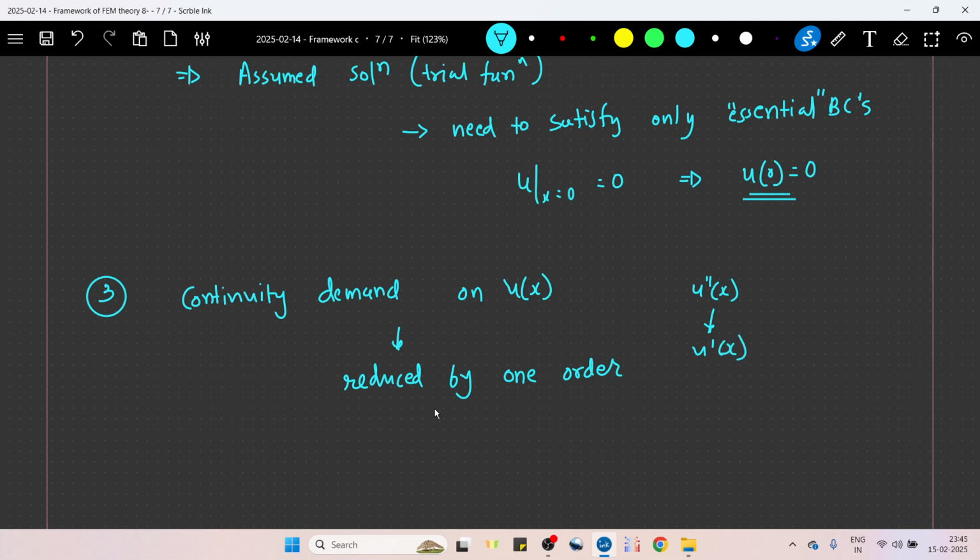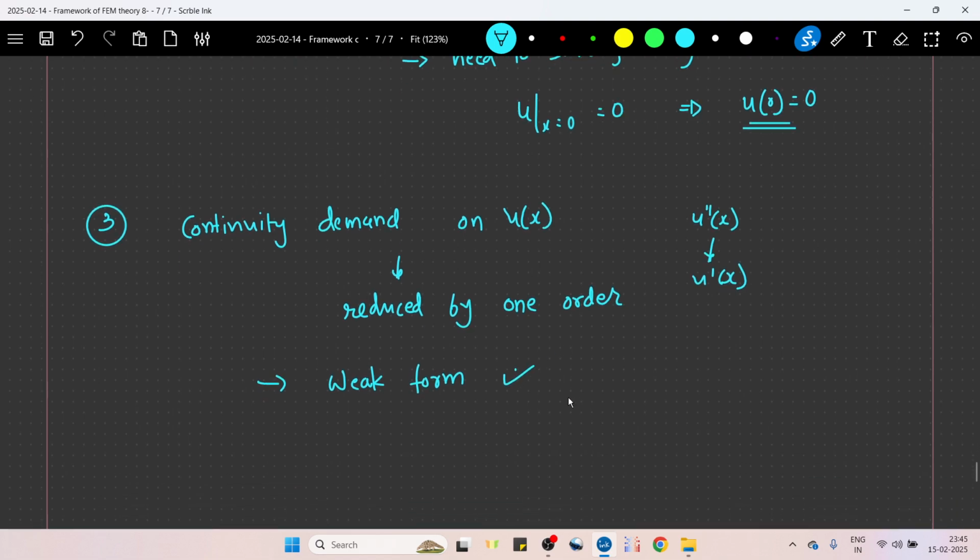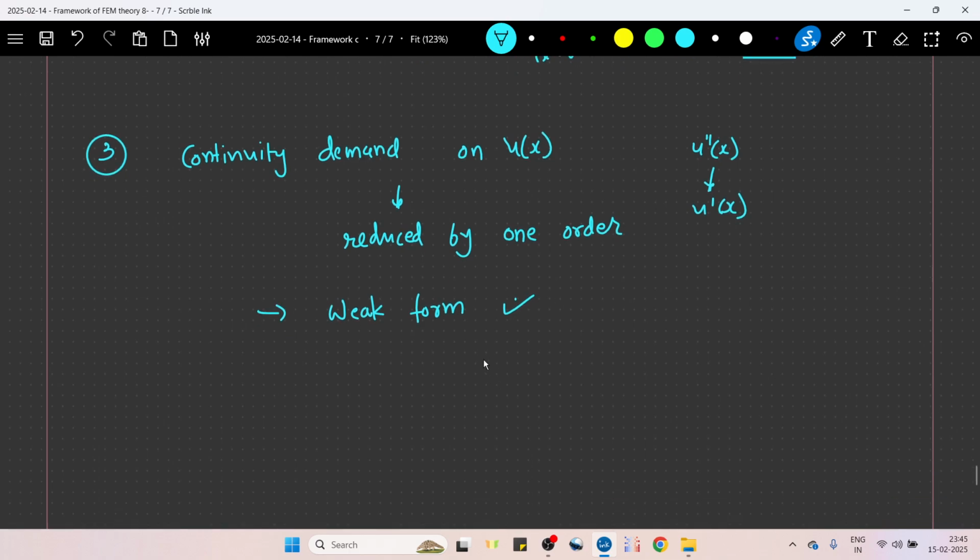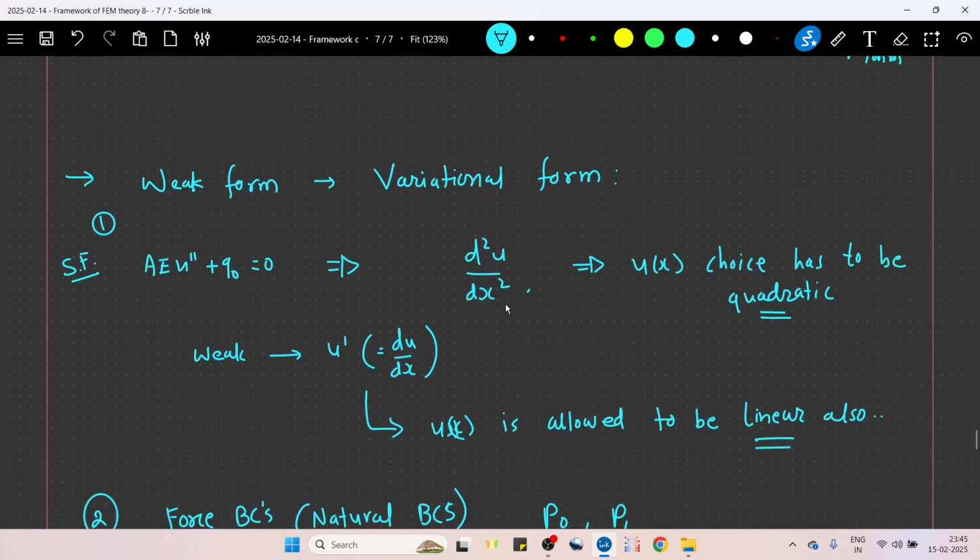So continuity demand is reduced, and that is the reason it is called weak form. So these are three important observations.